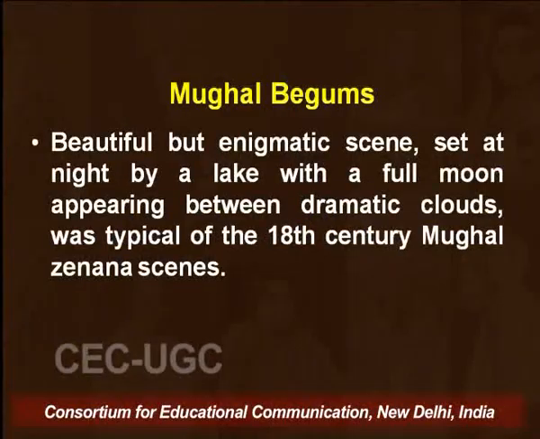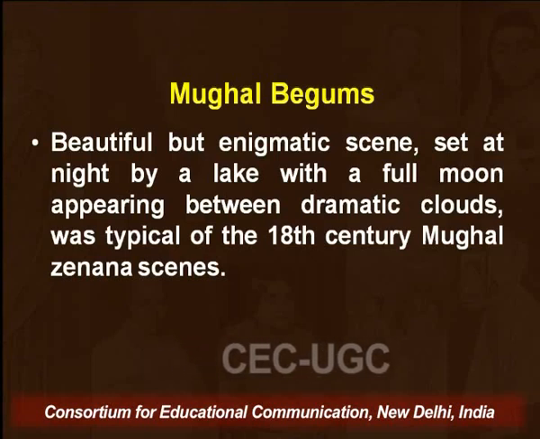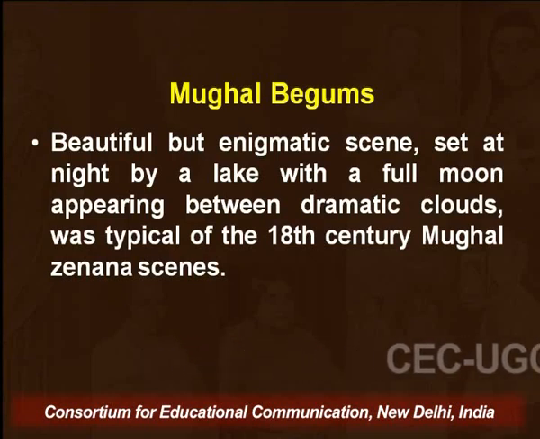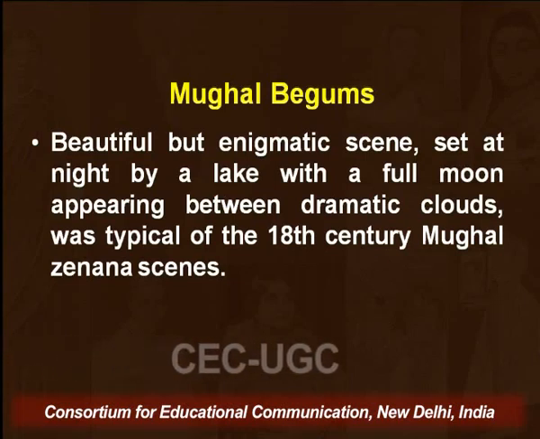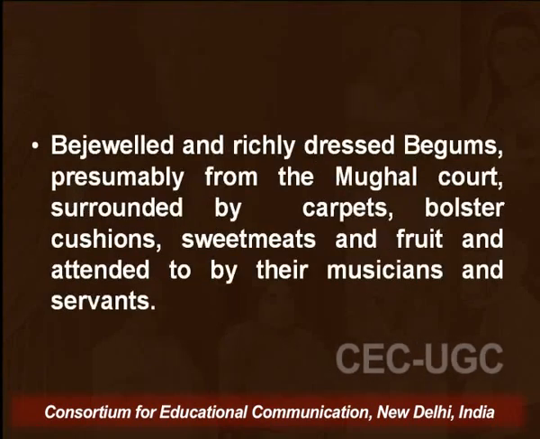So, we have a number of beautiful and enigmatic scenes set at night by a lake with a full moon appearing between dramatic clouds, which was typical of 18th century Mughal Zenana scenes.